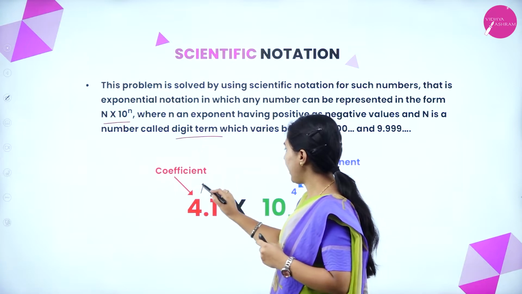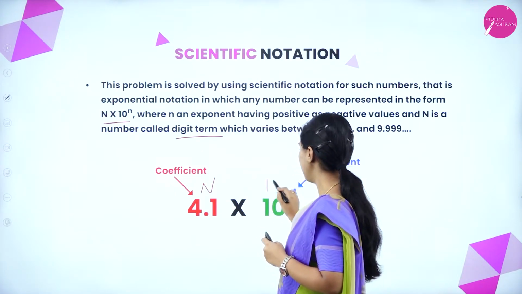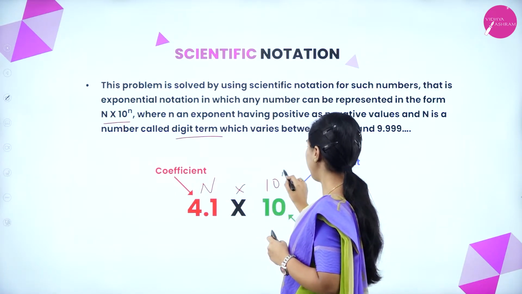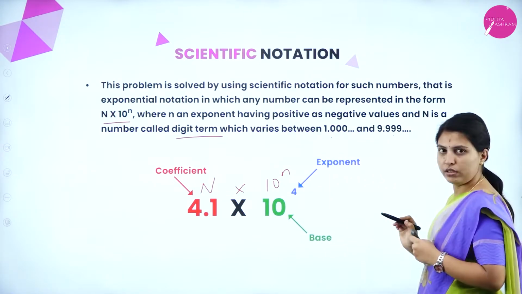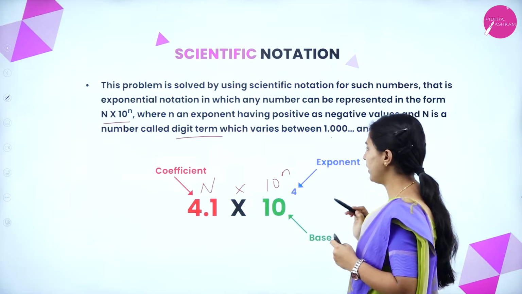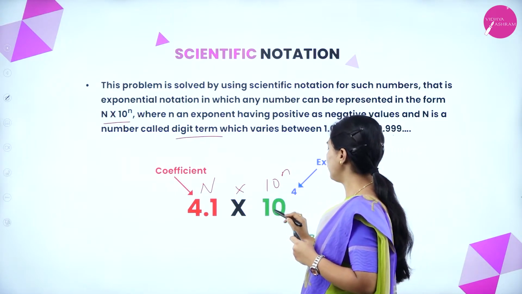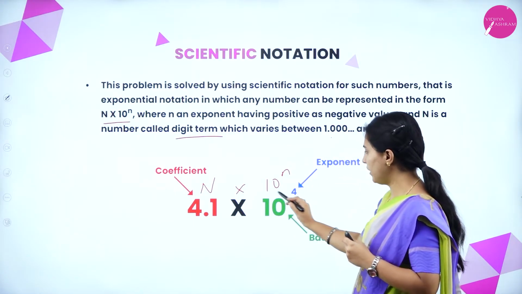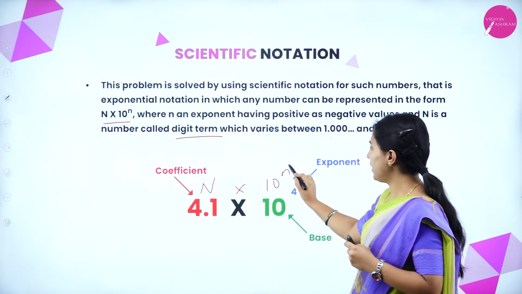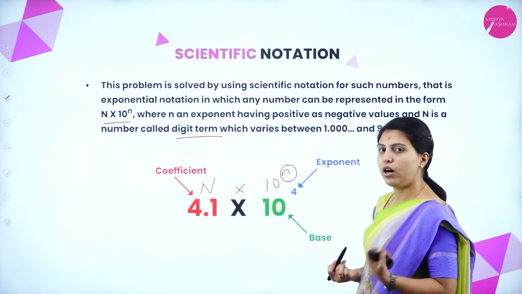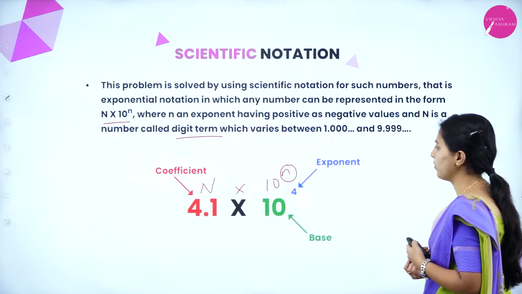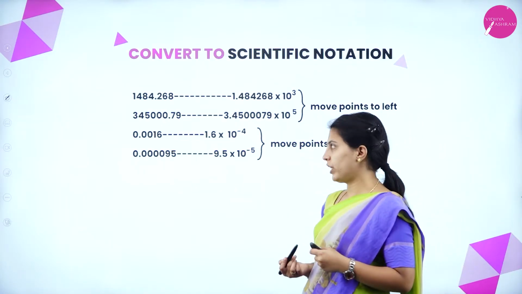This is nothing but N. This is 10 to the power n. We know this N can be 1 to 9.99 like that, and this 10 is the base, and this n is the exponent, that may be negative or positive. And how to convert to scientific notation?